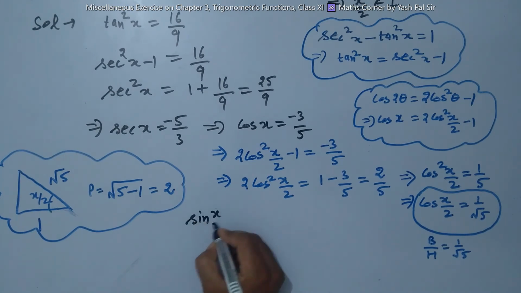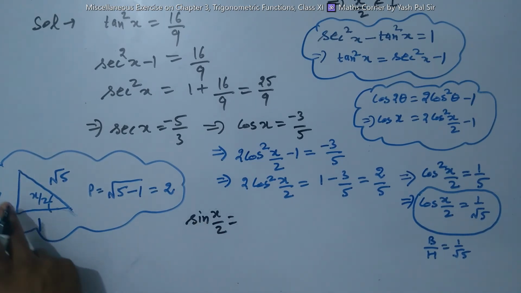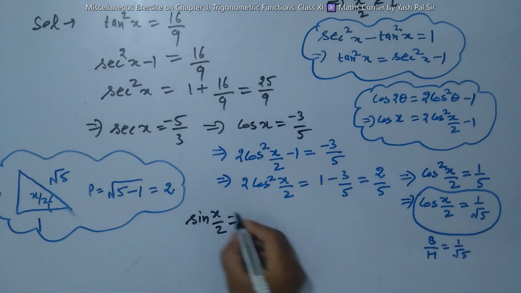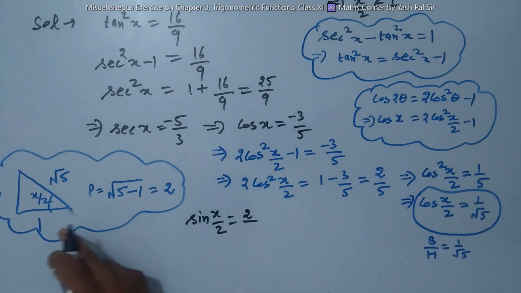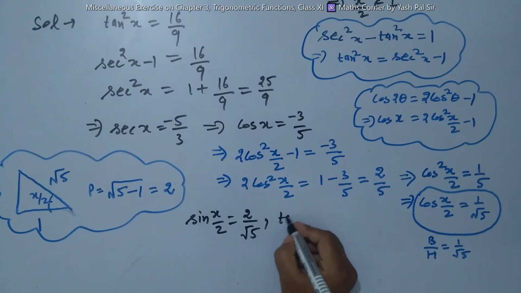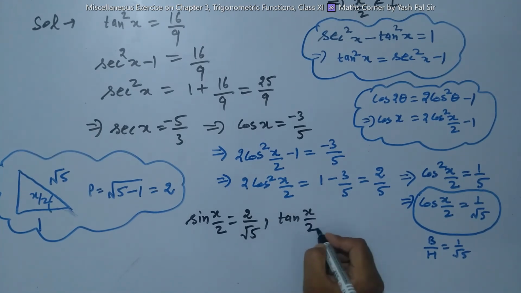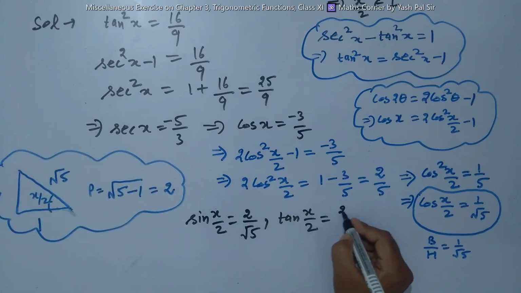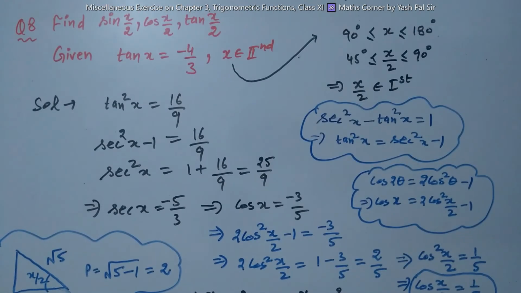So from this diagram we can find the other t ratios. Sine of x by 2 is equal to p upon h. p is 2, h is square root 5, so 2 upon square root 5. Tangent of x by 2 is p upon b. p is 2, b is 1. So what was the question?